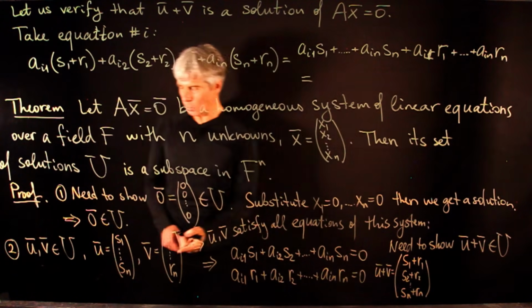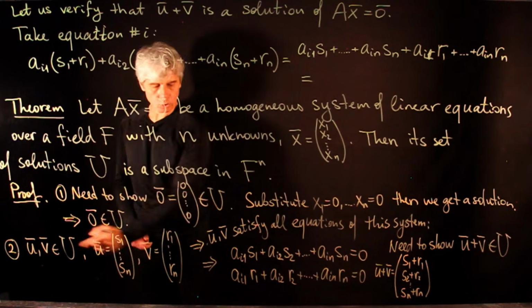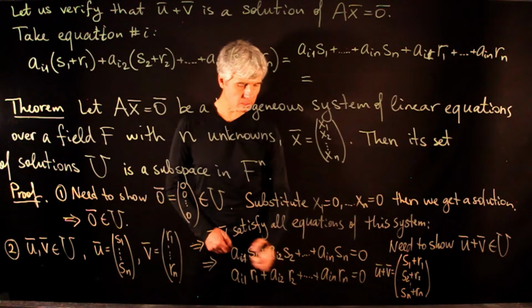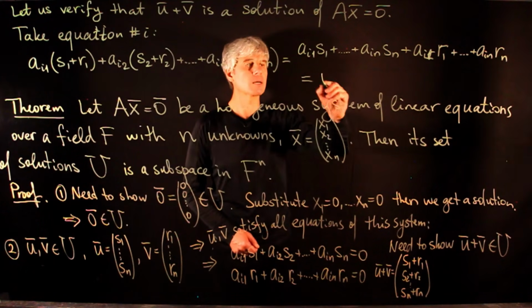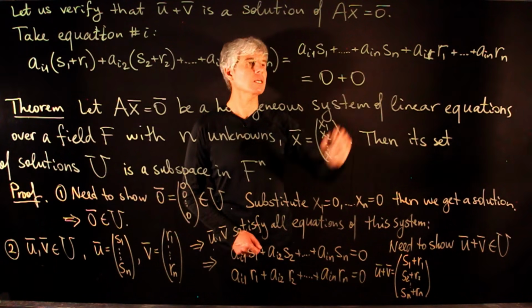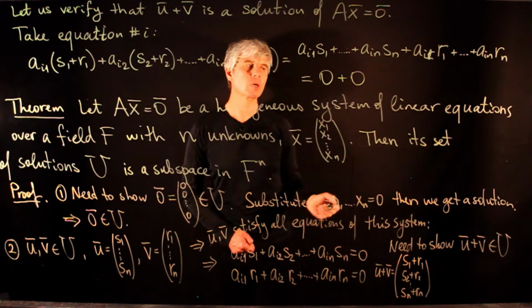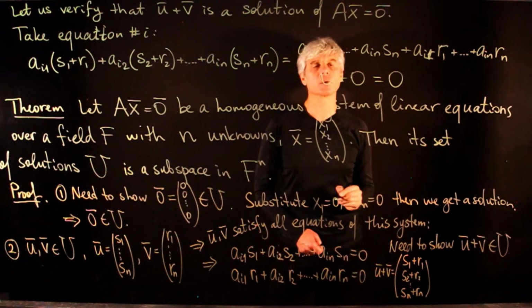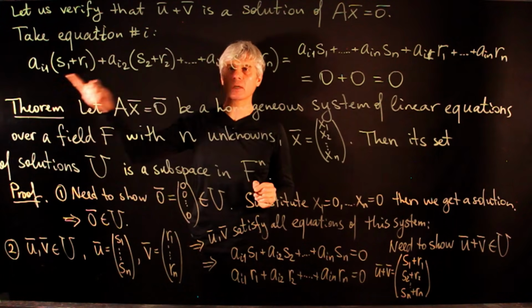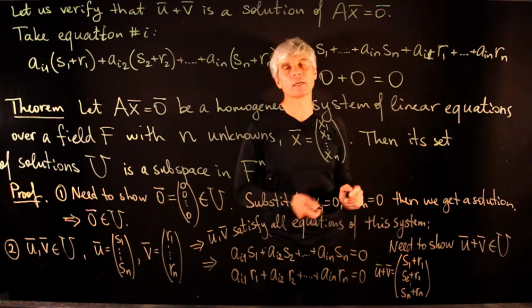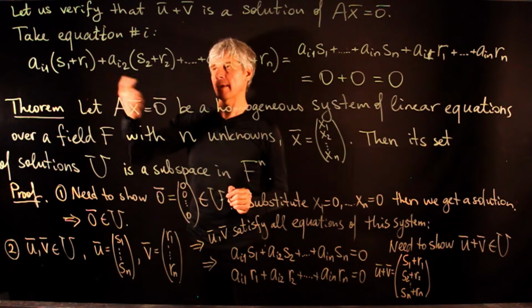However, we knew that u and v were solutions. So this means that u and v satisfied these equations. So the first part of the sum is equal to 0, and the second part of the sum is equal to 0. And 0 plus 0 is equal to 0. And so we saw that equation number i is satisfied. But this is true for all i.